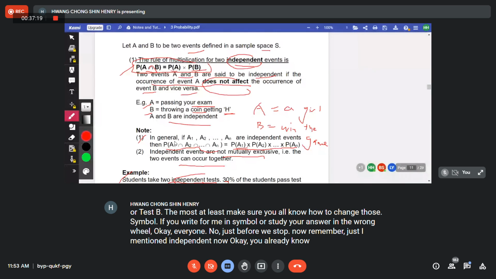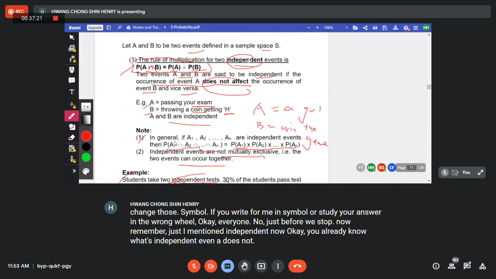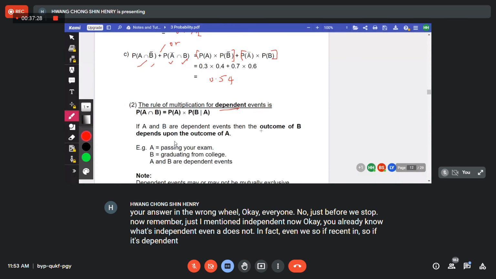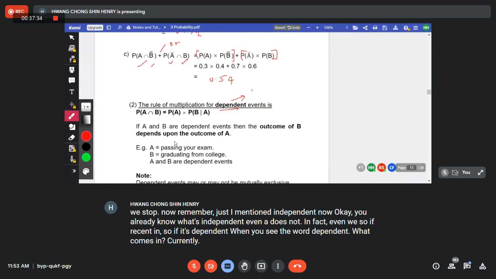Now, just before we stop, remember just like I mentioned independent. Okay, you already know what's independent. Even A does not affect even B. So if it's dependent, when you see the word dependent, what comes in? Condition. So I write down here, everyone.